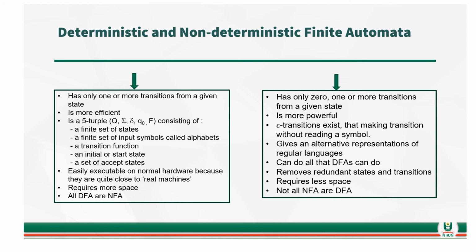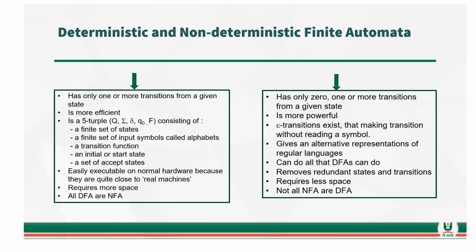So we could see the similarity, the closeness between a deterministic finite automaton and the grammar. It is easily executable on hardware because it is quite close to real machines. That's the DFA for you. And then it requires more space. All DFAs are NFAs. On the other hand, NFAs have 0, 1 or more transitions from a given state.